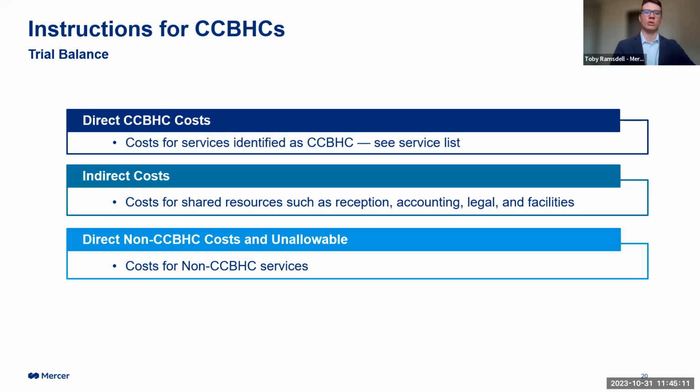That can include reception, accounting, legal, and facility costs, just as some examples. Direct non-CCBHC costs and unallowable costs will be costs for non-CCBHC services. Camilo provided an example earlier of sites that may perform non-CCBHC services, such as a hospital that has a CCBHC certification, but also would perform surgeries or other general medical services, which would be non-CCBHC services.